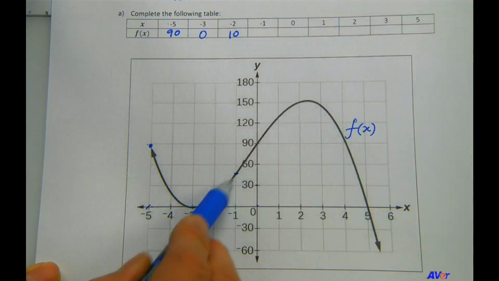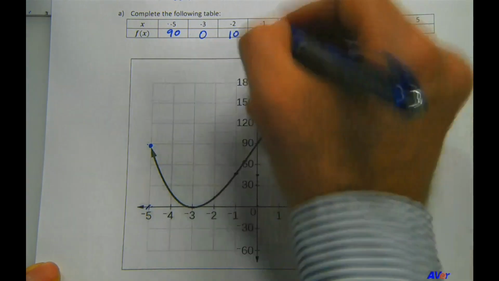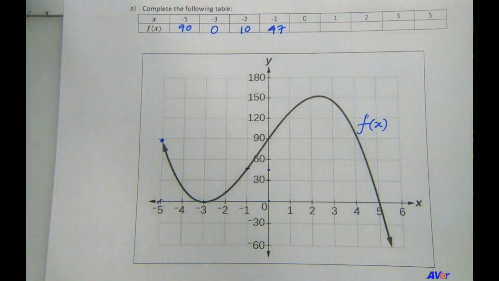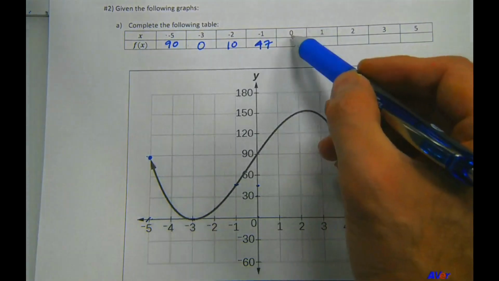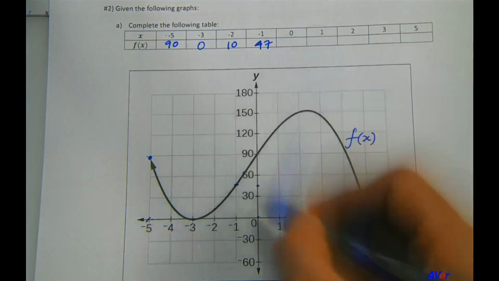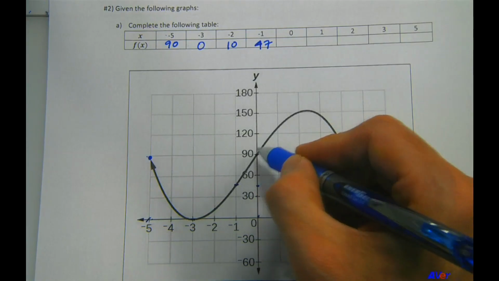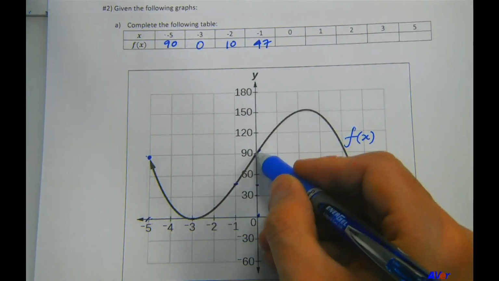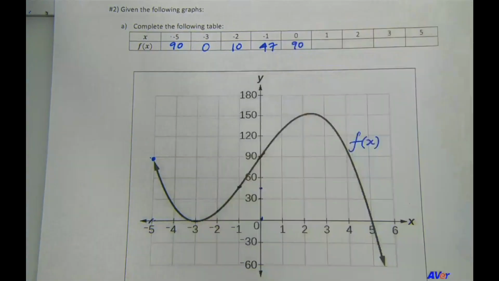But since I see it over the halfway mark between these two, I'm going to say 47. Like I say, if you wrote 45, 46, 47, you'd still be correct. At x value 0, the value of the function is where the graph line is, right? At x equals 0, the graph is passing through 90. Y value 90. So 90.